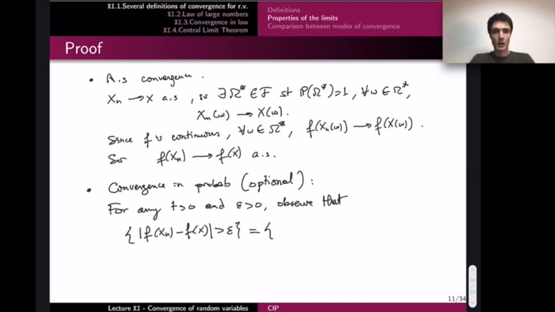So I will restrict myself to compact intervals, and here's how I do it. Somehow I will localize the problem. So I have f of xn minus f of x greater than epsilon, and here I will add a condition, which is that x, the limit random variable, is smaller than or equal to t.